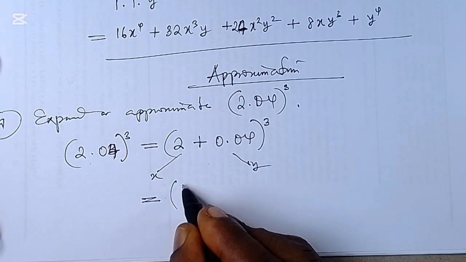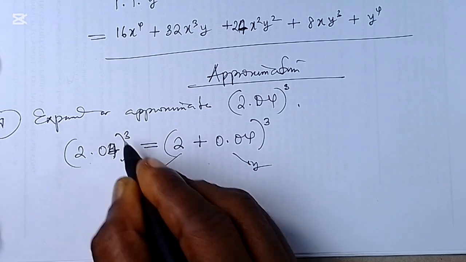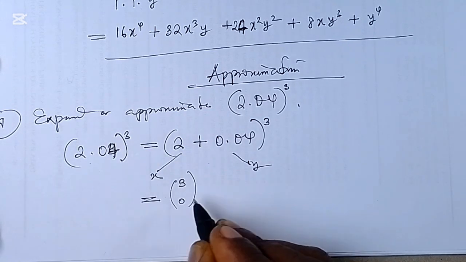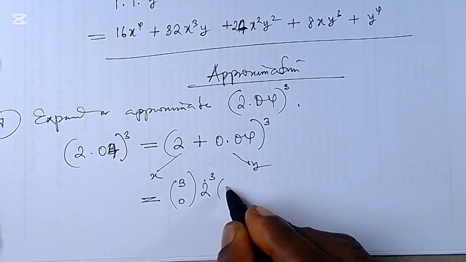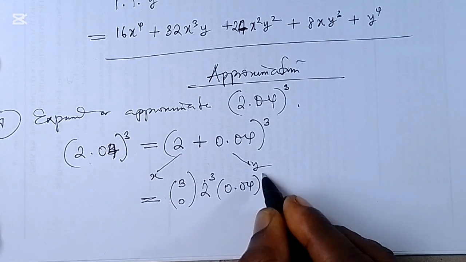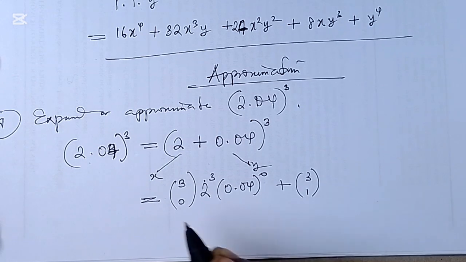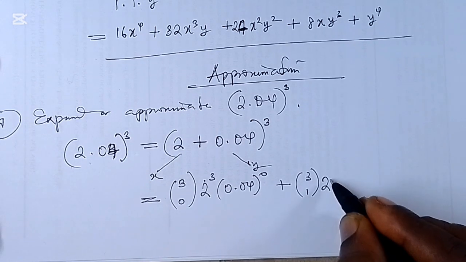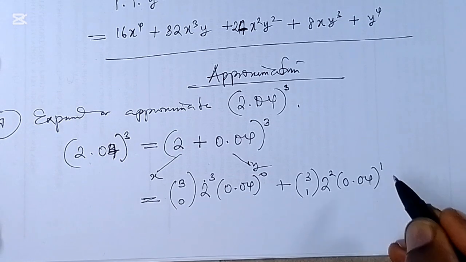The coefficient of the first term will be 3 combination 0. And the first term will be 2 raised to the power of 3. The second term will be 0.04 raised to the power of 0. Plus 3 combination 1. The first term will be 2 raised to the power 2 now. And this will be 0.04 raised to the power 1.